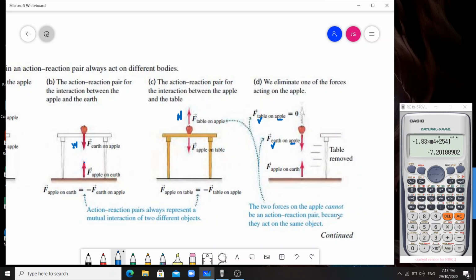Ang pwedeng maging action-reaction pair is yung opposites. Earth on apple, apple on earth. Table on apple, apple on table. Okay? Yung nag-a-act yung forces oppositely. Halimbawa, force on A to B, then ang pair niya is force of B to A. Okay? Pero yung table on apple and earth on apple, hindi pwede siyang action-reaction pair.